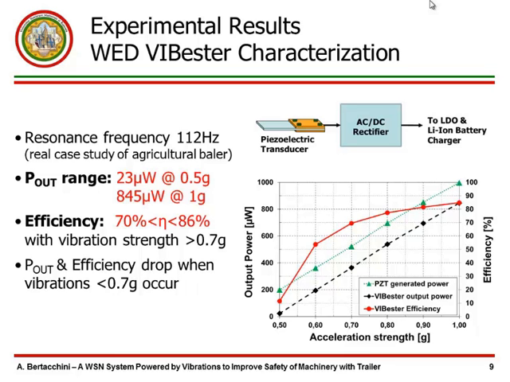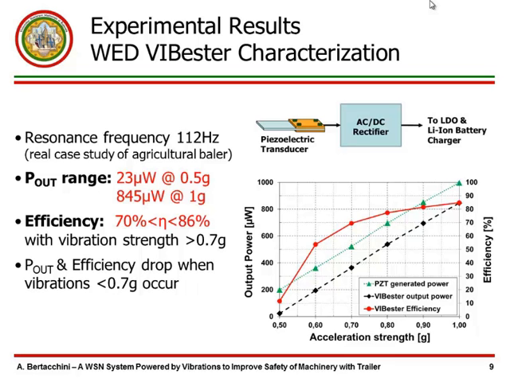As you can see, output power ranges from a few tenths of microwatt to several hundreds of microwatt, depending on the acceleration strength, with an efficiency which is up to 86%.